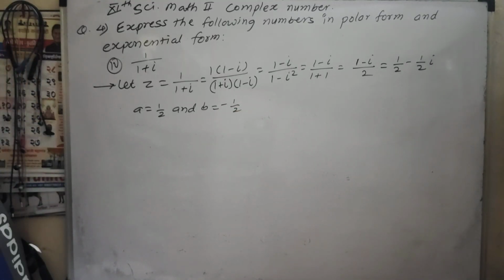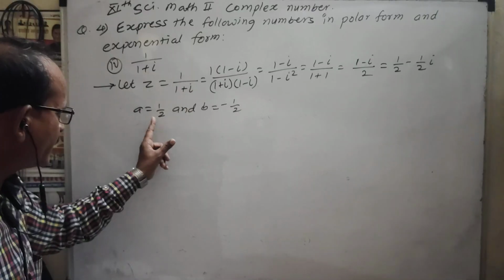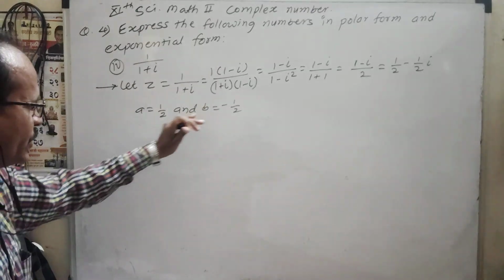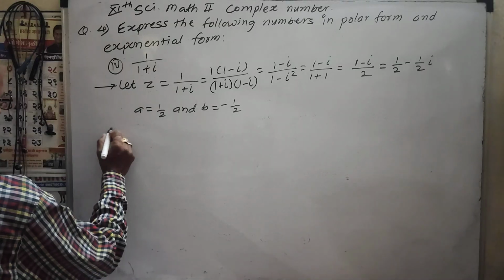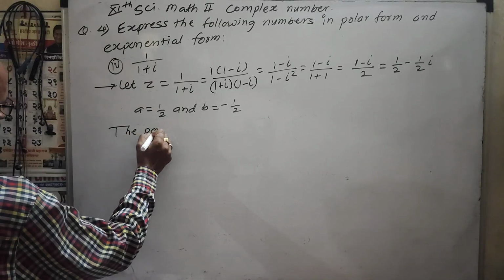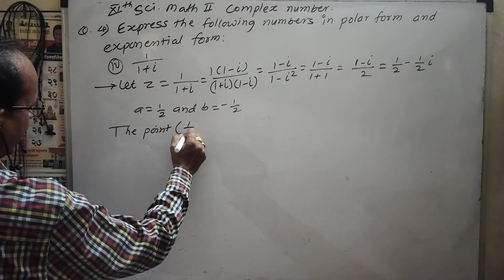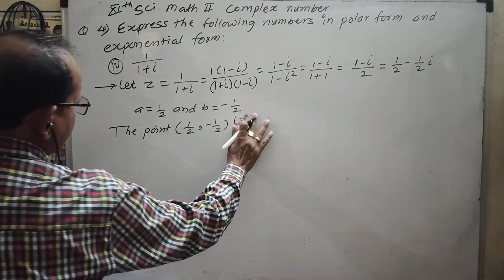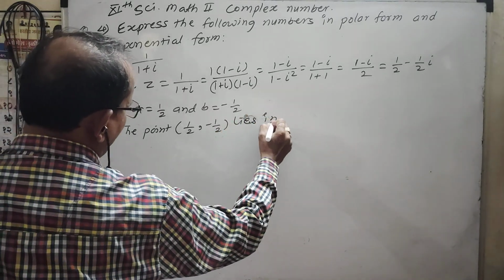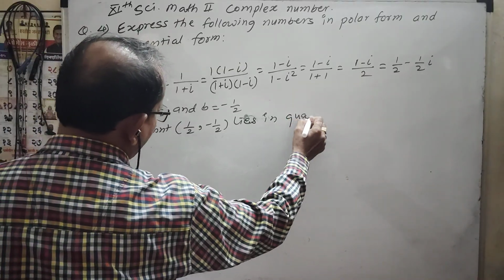Now x is positive and y is negative, means the point 1 by 2, minus 1 by 2 lies in the fourth quadrant.